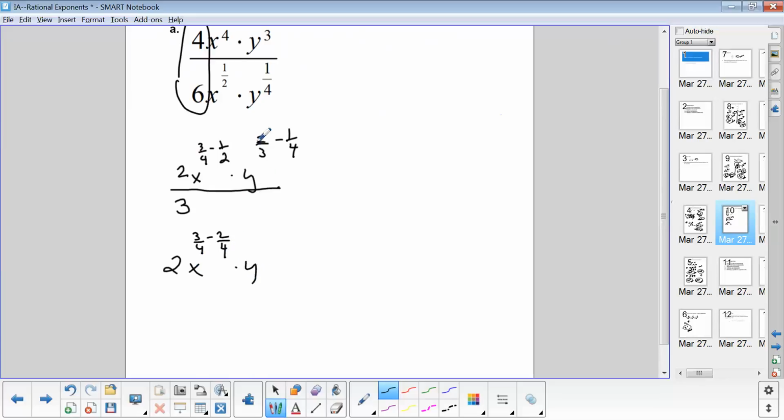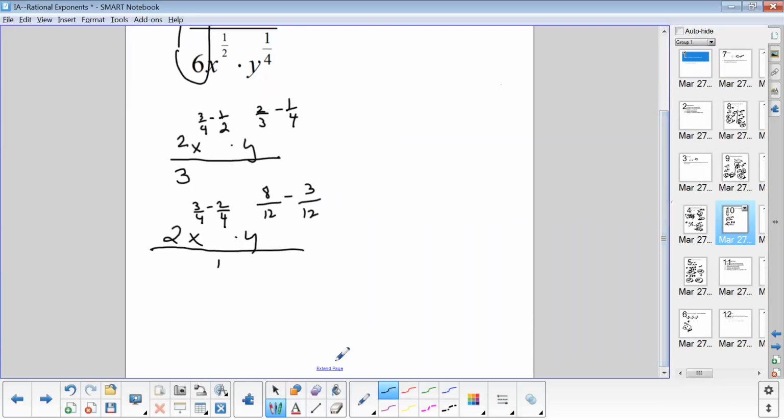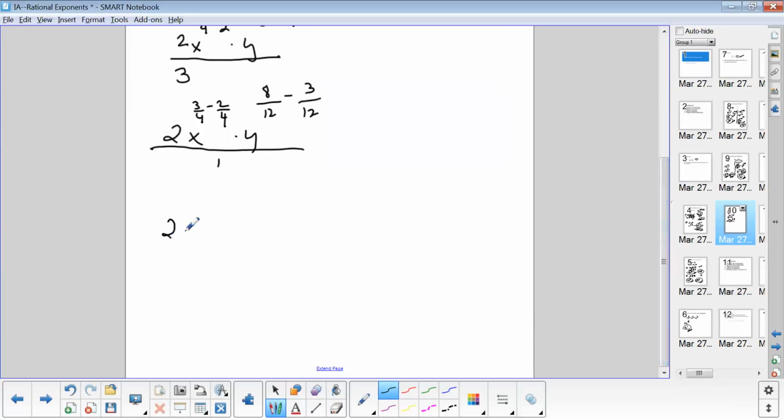For y, it would be twelfths. Thirds and fourths would say twelfths. So that would be 8 twelfths minus 3 twelfths. All that's divided by 1. So this will be 2x to the 1/4 times y to the 5 twelfths.